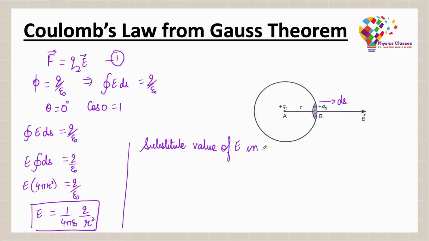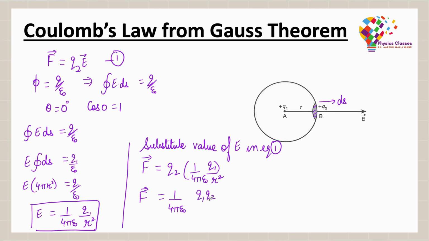Now on doing that, I'll get my force as Q2 times 1 by 4 pi epsilon naught, and this was Q1 because that is the charge enclosed inside this sphere. So I should have written it as Q1 from the beginning itself. So this is Q1 here upon r square. So my force comes out to be 1 by 4 pi epsilon naught, which can be written as K also, or if you want you can write it as 1 by 4 pi epsilon naught itself. So it is 1 by 4 pi epsilon naught times Q1 Q2 by r square.